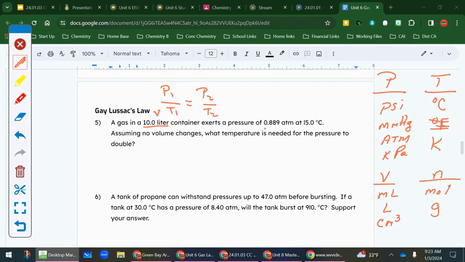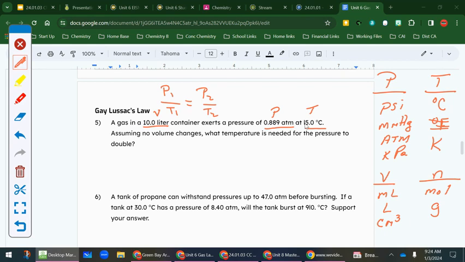What is 0.889 ATMs, Pierce? It's a pressure. 15.0 degrees Celsius. Morgan, what is that telling us? All right. So I've got 3 variables here, right? Now, I haven't even read the problem, but I already know what a volume is, what a pressure is, and what a temperature is.